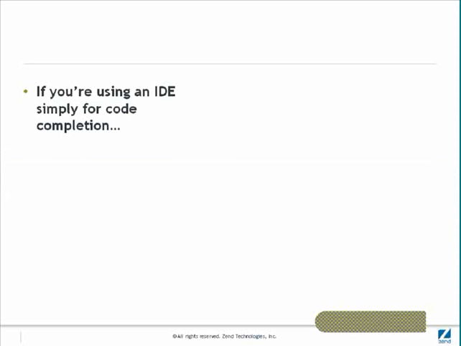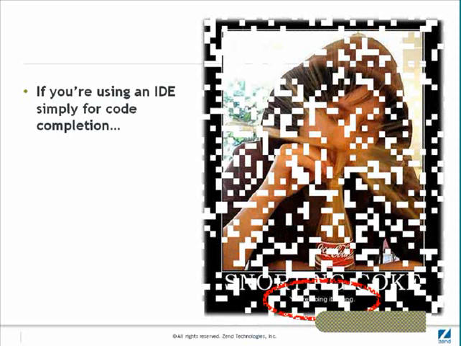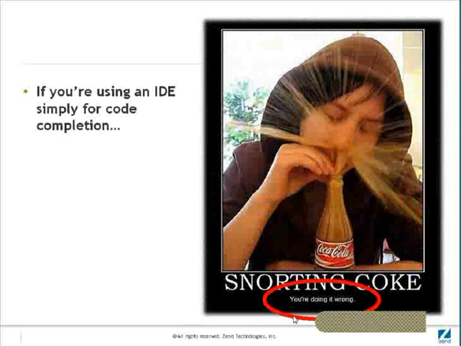Now, one of the things that people often say about an IDE is, all I want is code completion. I want it so that if I type something, some code comes up and I can choose from there, which is really not the point of an IDE. You can get really simple pieces of functionality, or really simple applications, that will handle a lot of that. And if you're simply using an IDE for just code completion, basically you're doing it wrong.